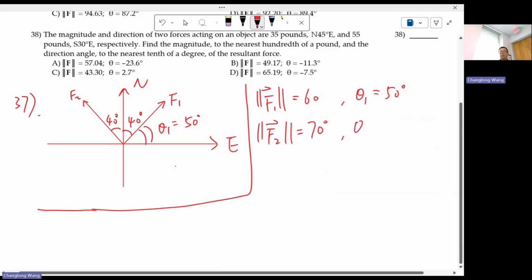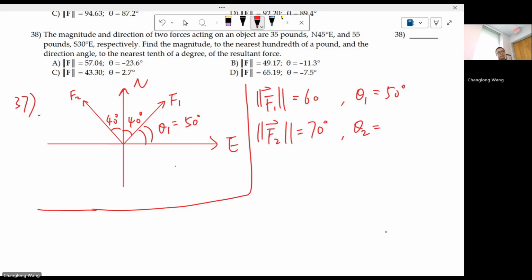Okay, so now what about the angle associated with F2? F2 is actually in the second quadrant. You still start from the positive x, turn, that's 90, keep turning, right?